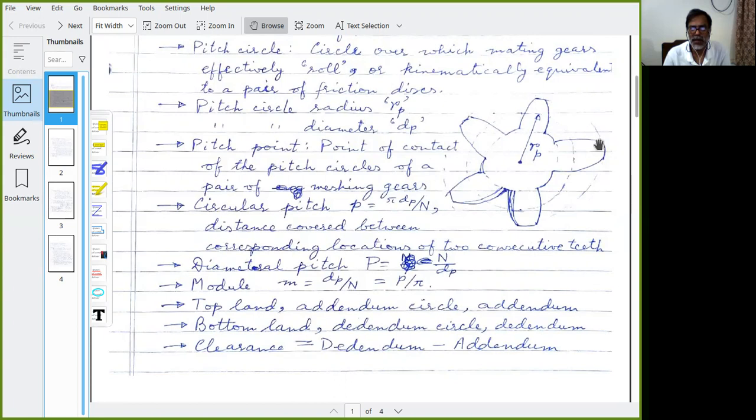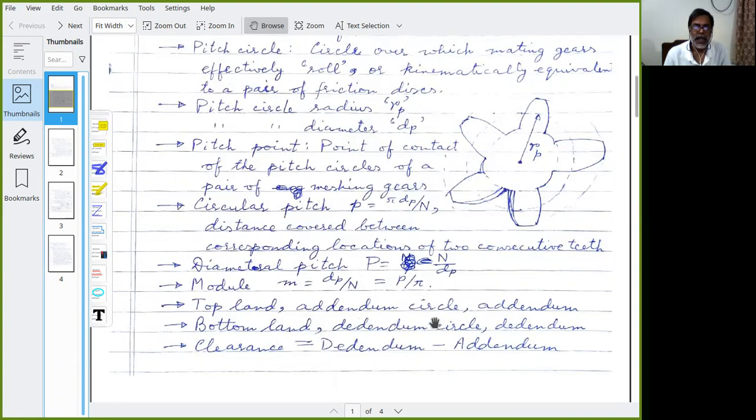So all of these combined together, this circle is known as the addendum circle, and the radius of that beyond the pitch circle radius is the addendum. That is, beyond the pitch circle, whatever extra you have to go radially outward, that quantity is called the addendum. Similarly, rather than adding, if you deduct, then you get the bottom line, and from the pitch circle, as much as you need to come radially inward, that is called the dedendum, and this circle is the dedendum circle.